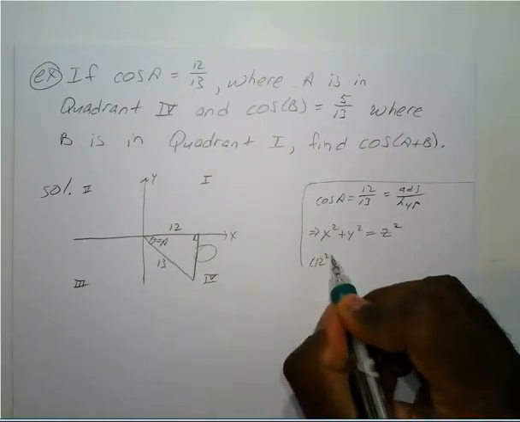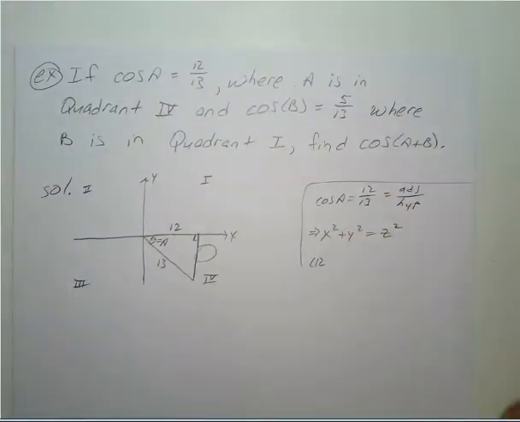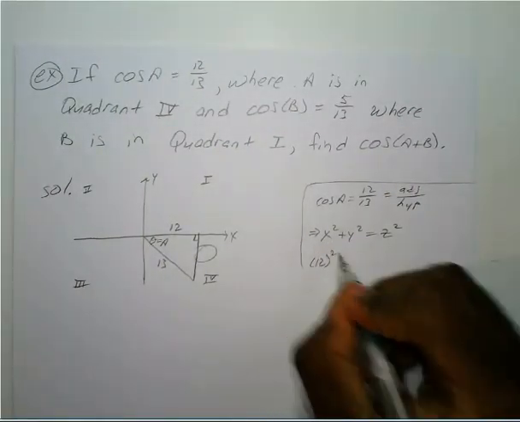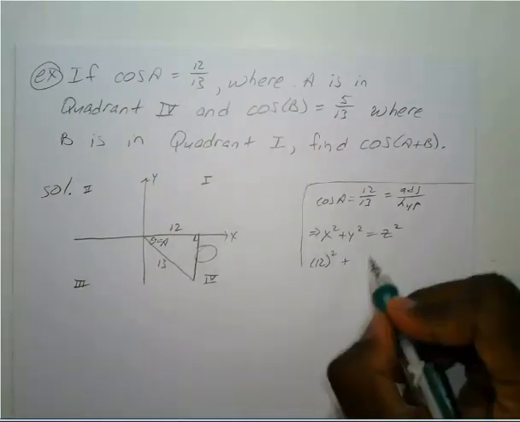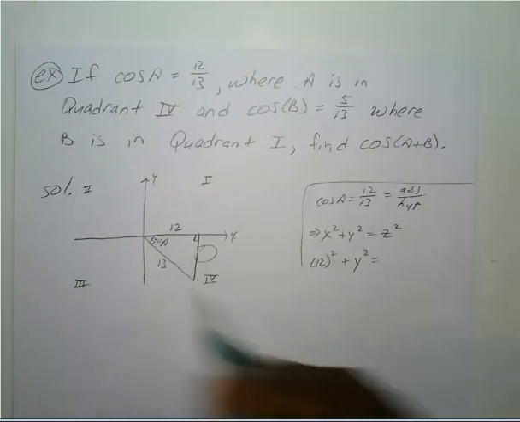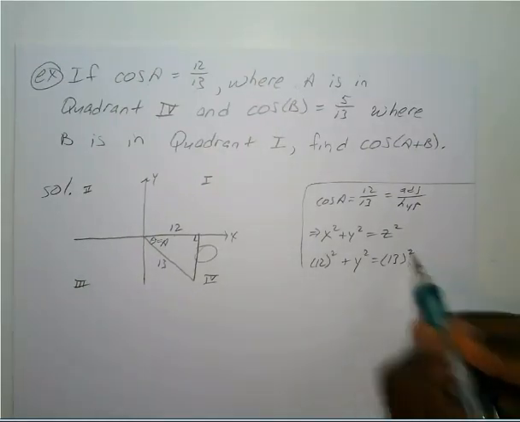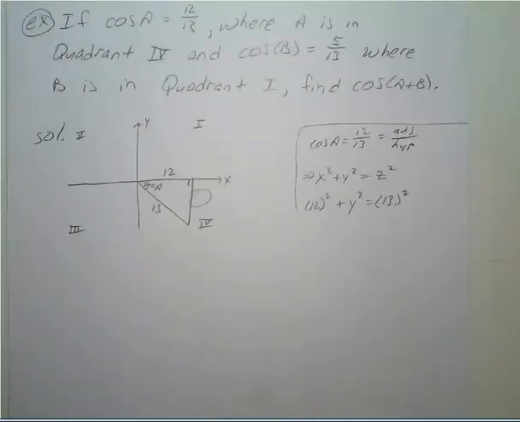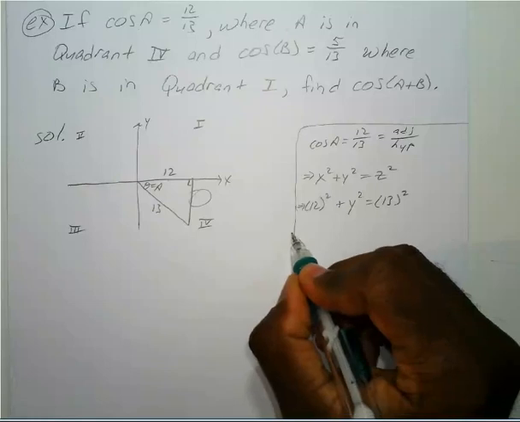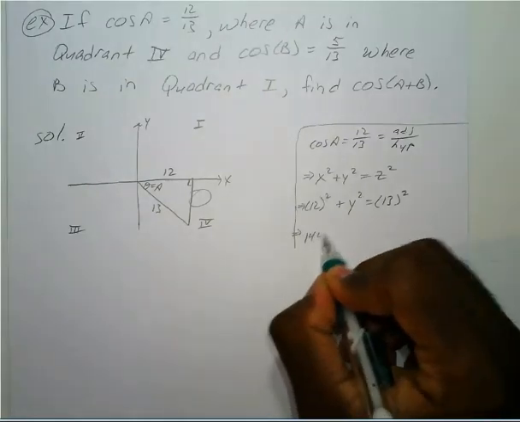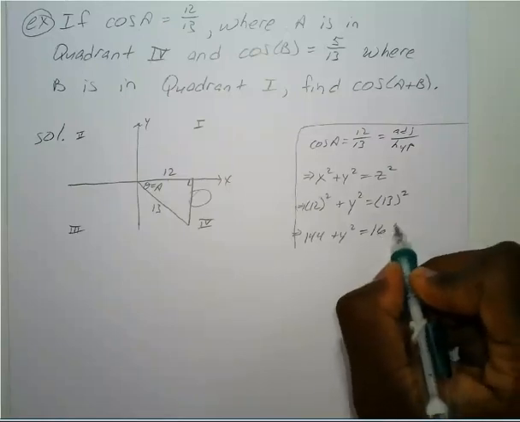So that's 12 squared. Oh, I meant to put the parentheses on the outside. It doesn't really matter, but I like to stay consistent. Plus, we're solving for y, equals 13 squared. So we have 144 plus y squared equals 169.